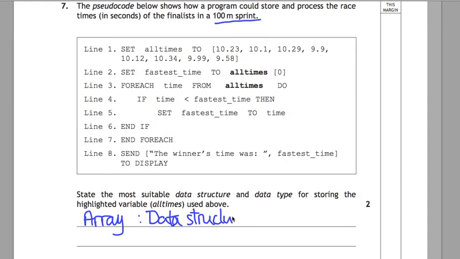And you're looking at the data type, which is just the type of data that's stored in this array, and hopefully you'll know by the fact it's got a decimal point, it's single. Just think of the wee dot above the i as a decimal point, so single is the data type.